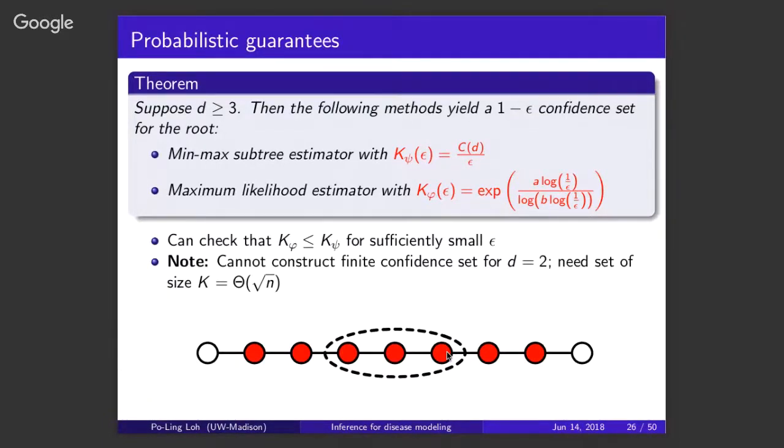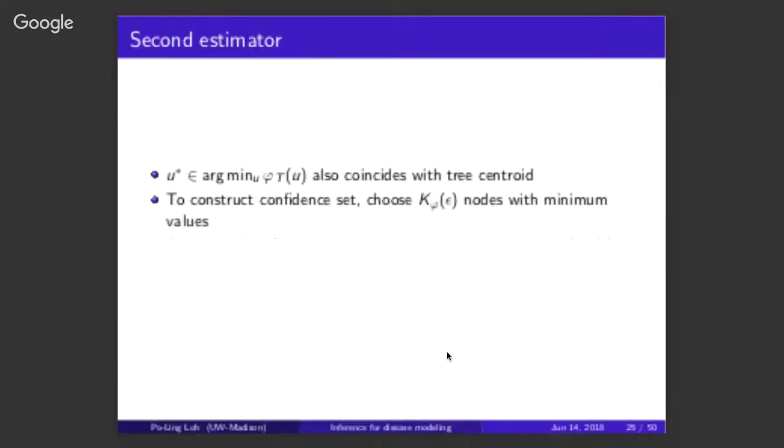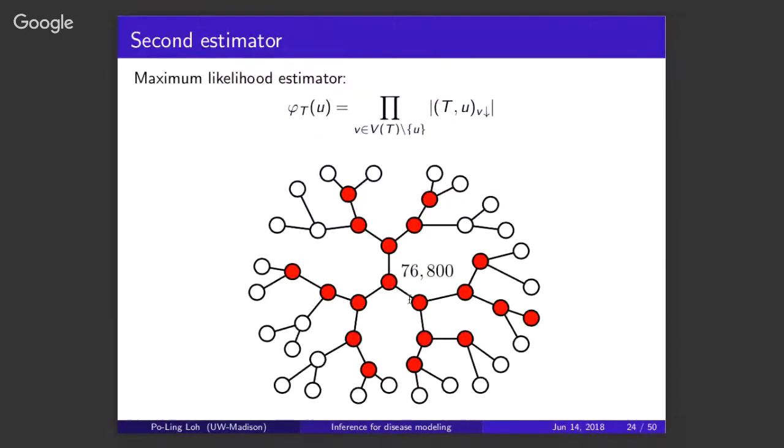The theorem says that if you're not spreading on a line, but on some sort of regular tree, where every node has 3 or 4 neighbors, then this sort of information diffusion is not happening. Whereas on the line, things spread so quickly that any confidence set has to have growing size, in a tree that looks more like this, the information is diffusing, but not that quickly, so it remains concentrated near the centroid.